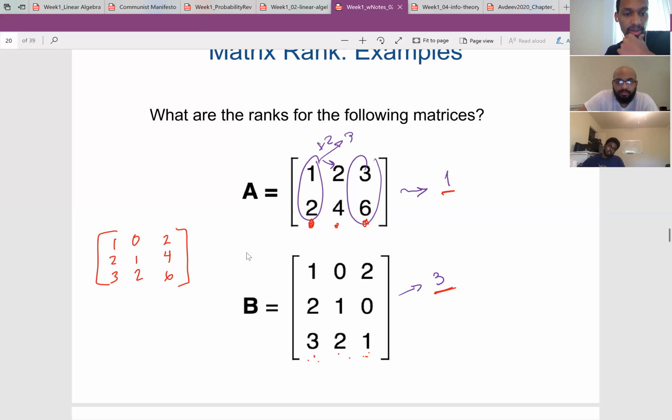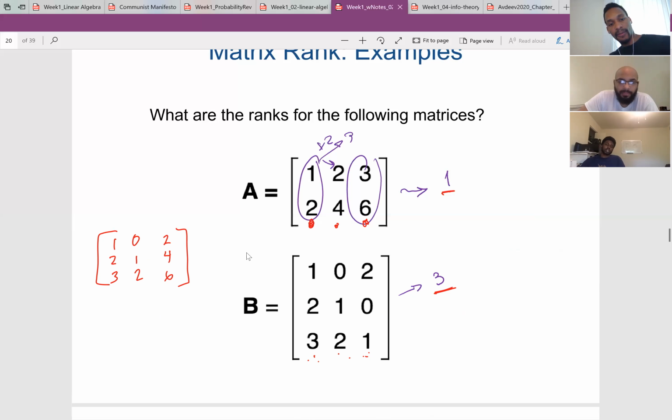Because the row rank of this would be 3, right? Yeah. Whereas the column rank is 2. So 2. Yeah, I think you're right, Kevin, actually.